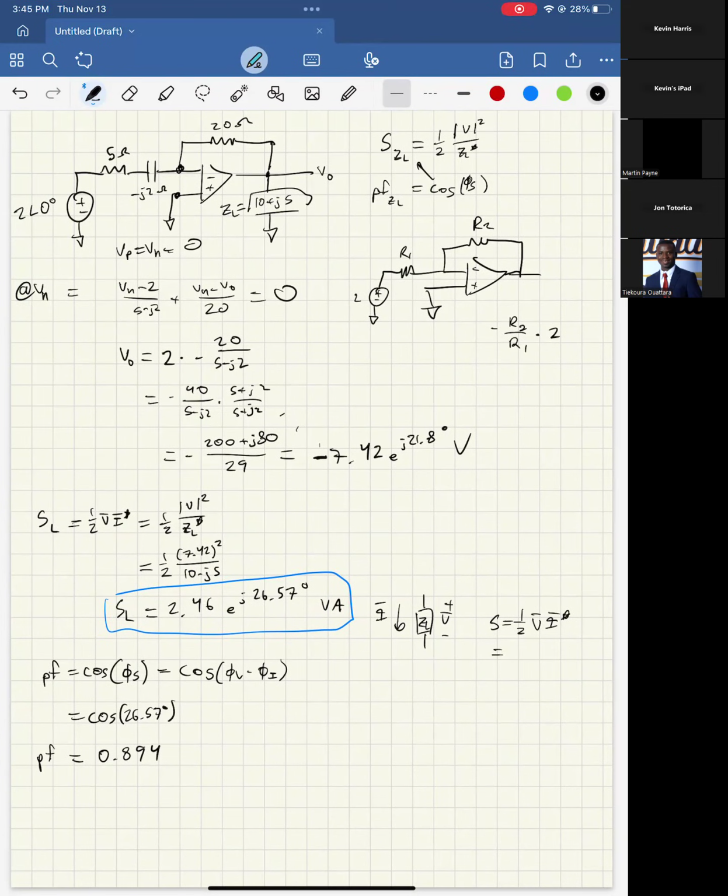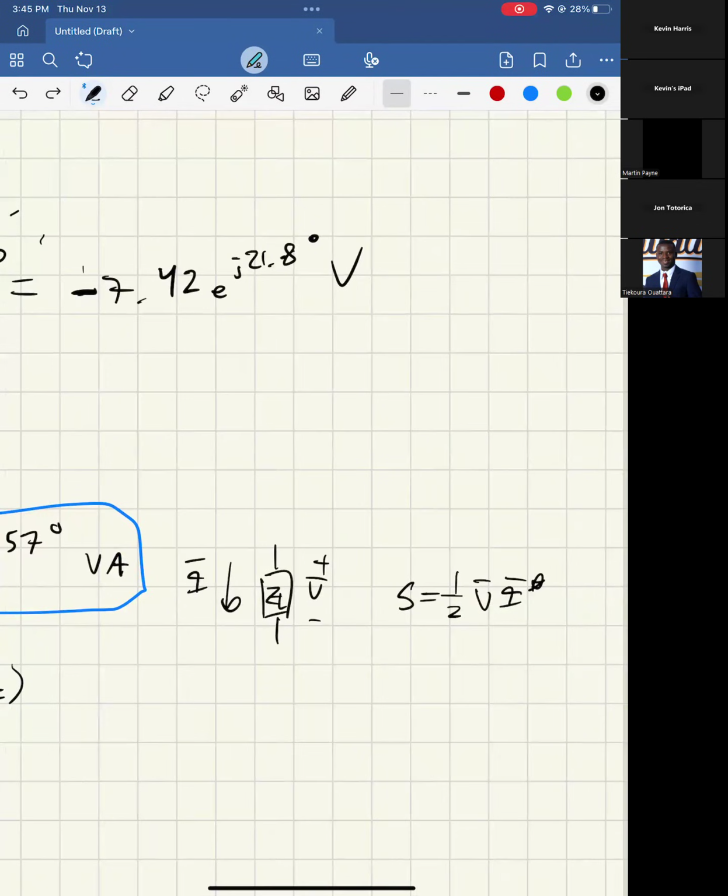So let's say voltage is A e to the j phi V, and current is B e to the j phi I. We take the conjugate of this, and that ends up being B e to the negative j phi I.